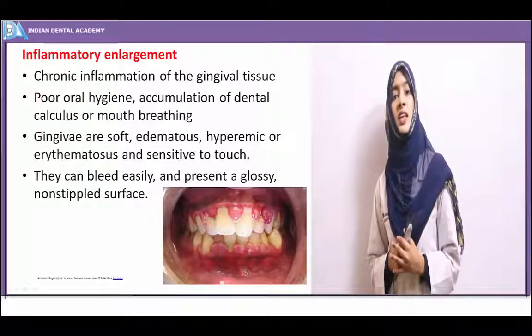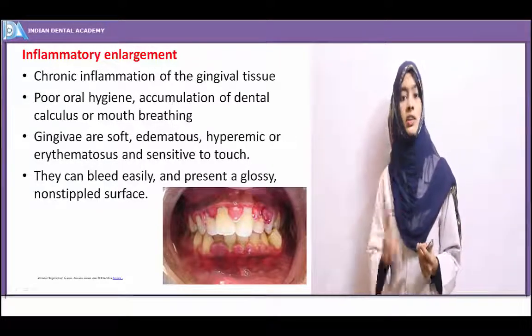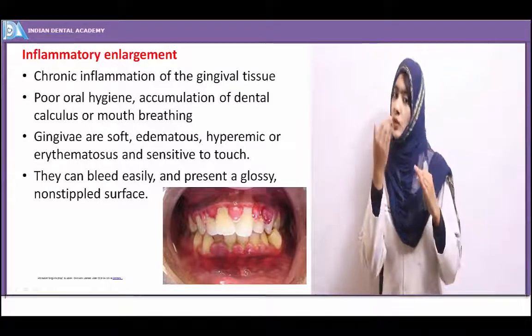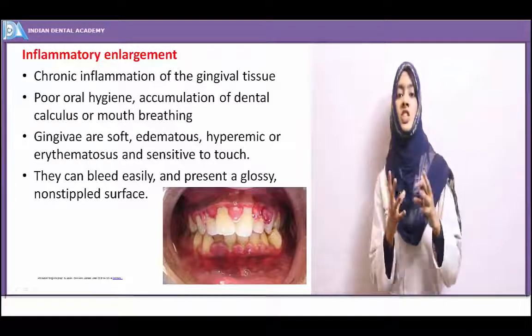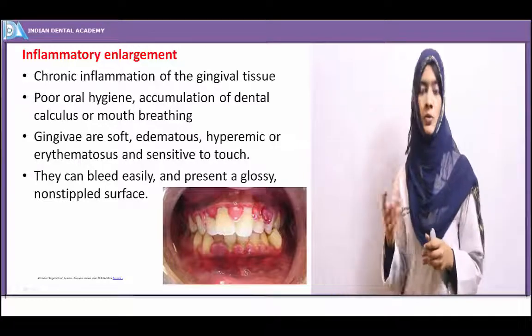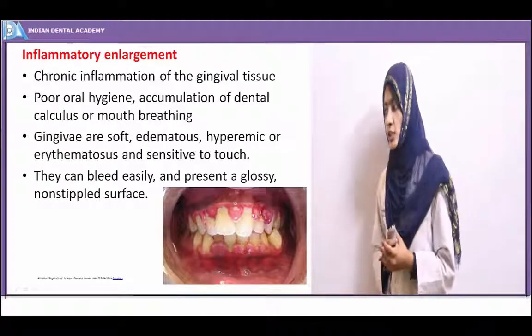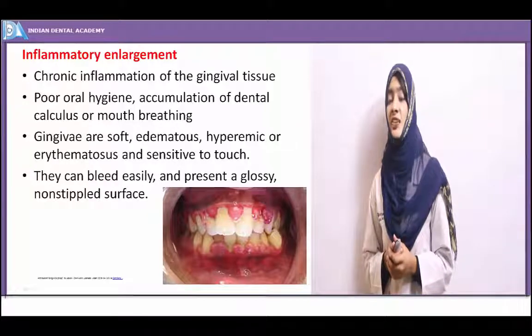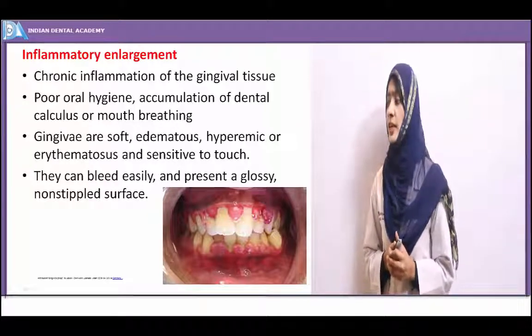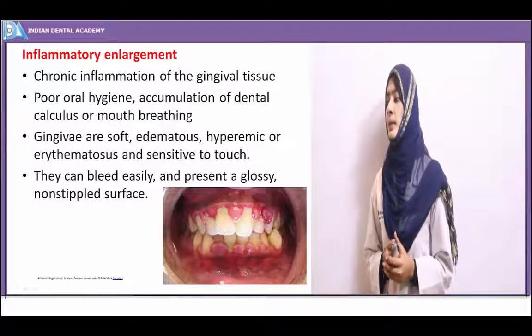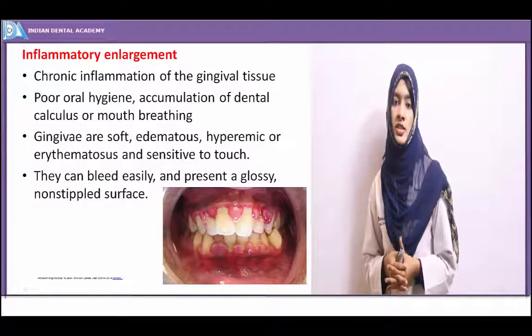This gingival enlargement is not confined just to the buccal mucosa; even the lingual mucosa, the alveolar mucosa, all of the oral cavity shows the enlargement. This enlarged gingiva bleeds easily and presents a glossy, non-stippled surface.